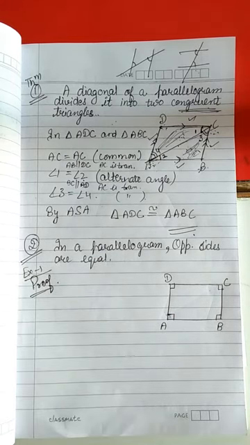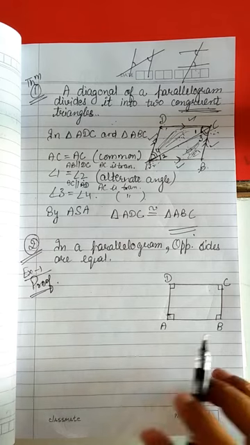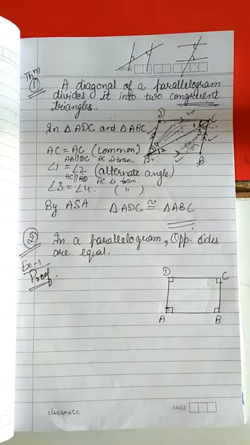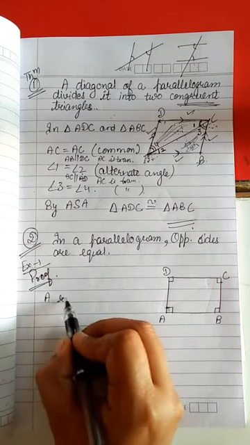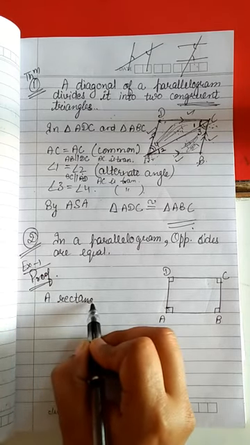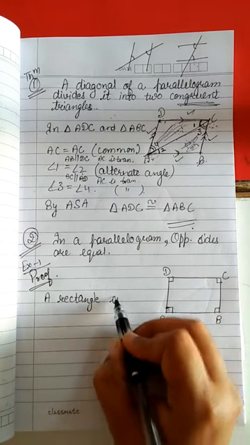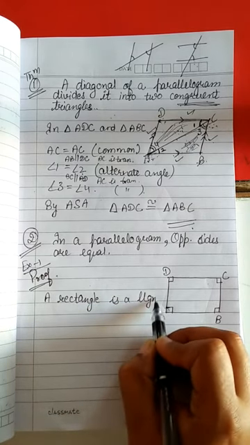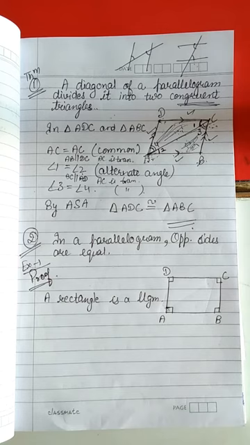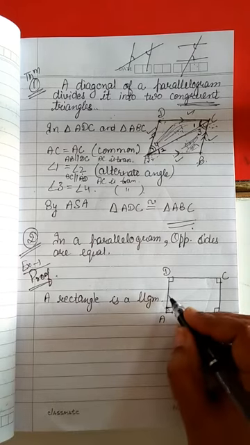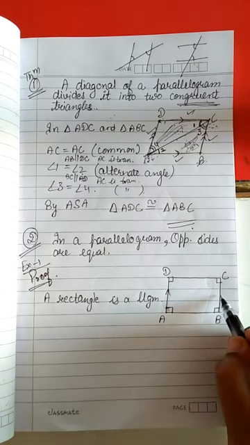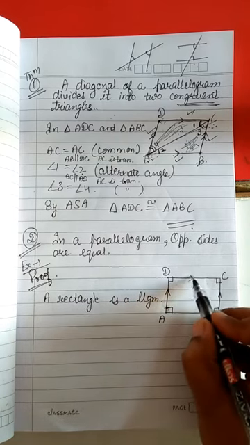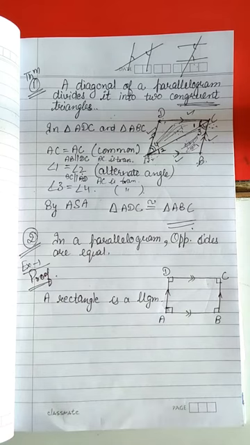As we know, a rectangle is also a parallelogram, and we also know that in a parallelogram this side is parallel to this side and this side is parallel to this side.